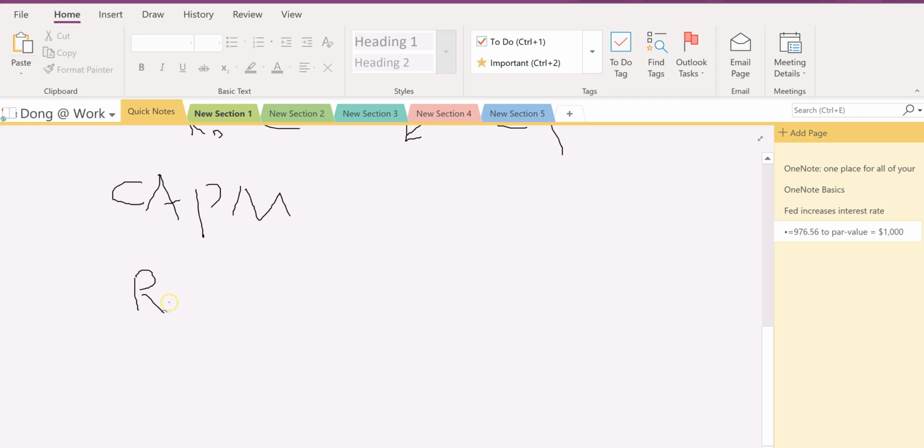RD equals RF plus beta D times RM minus RF.